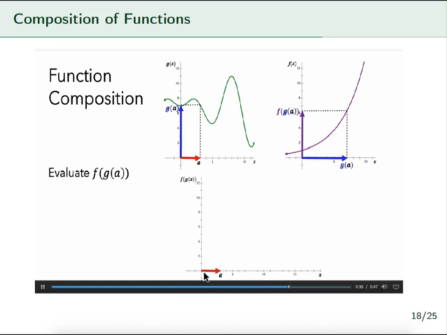So I inserted a as an input quantity, and we have f of g of a. So this point right here represents a comma f of g of a. The collection of all these points for all the input values will produce the function f of g of x, because x will represent a varying quantity.